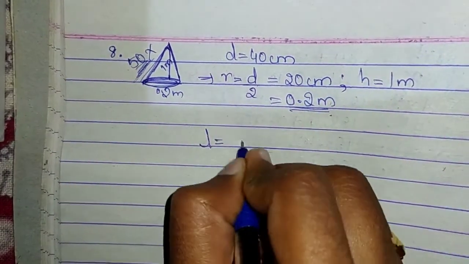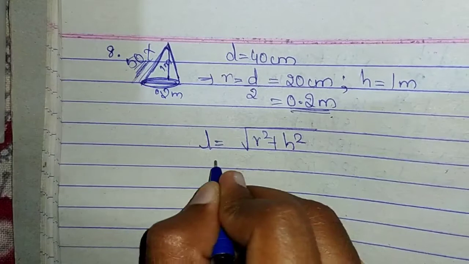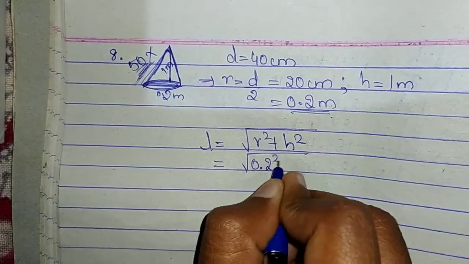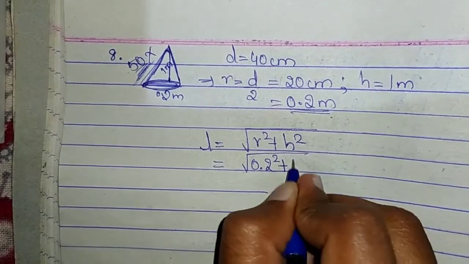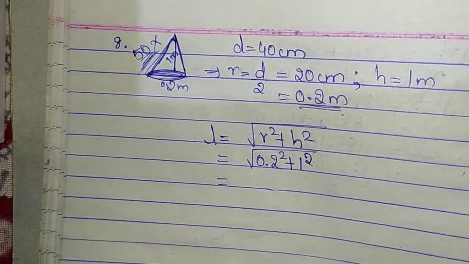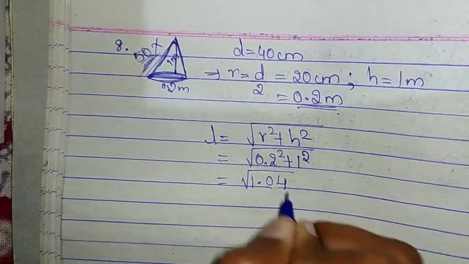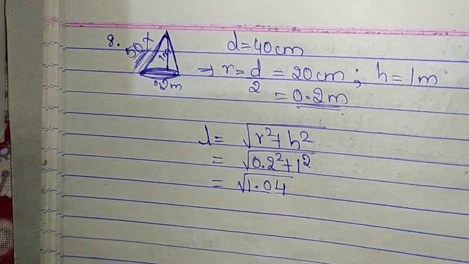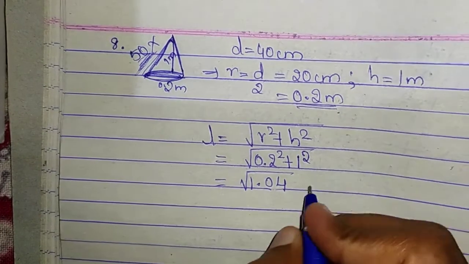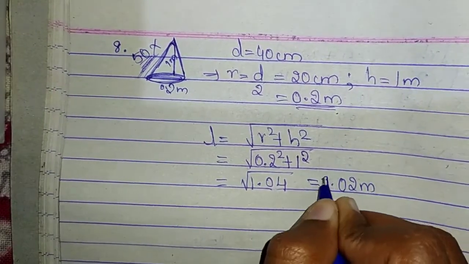So L is equal to under root R square plus H square, which is equal to R is 0.2 whole square plus H is 1 square, because both are in meters. So this will be equal to under root 1.04. They have told us in a side note to consider root 1.04 to be equal to 1.02 meters.